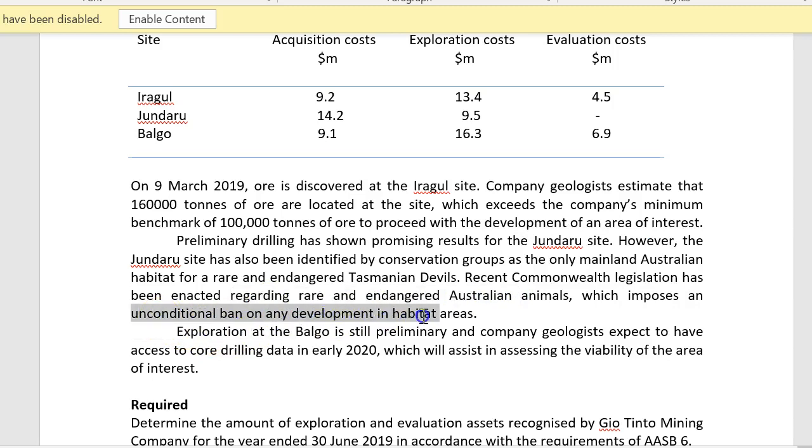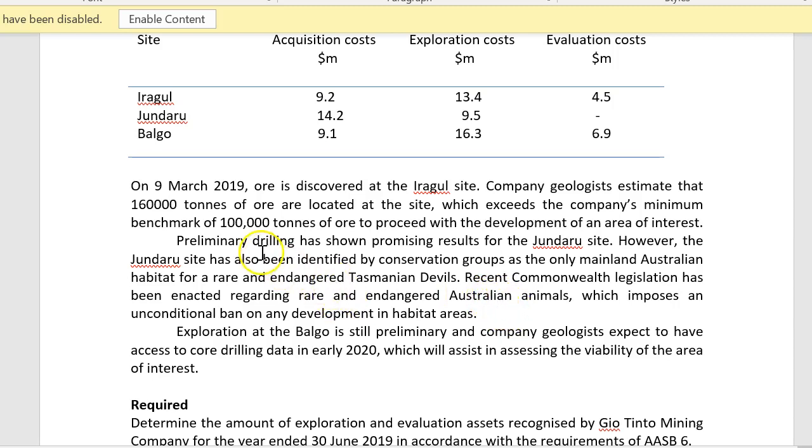So Commonwealth legislation can impose bans on mining due to heritage listings, or in order to protect endangered animals, or if they've discovered sites of archaeological significance.